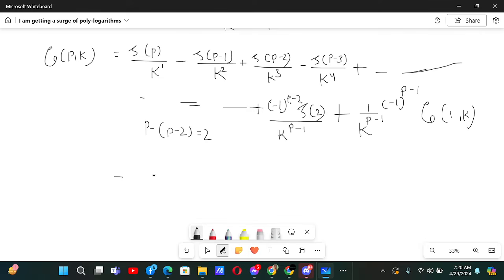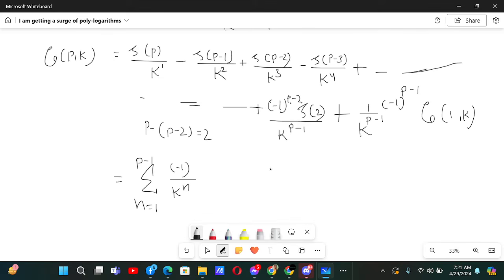We have sum from n equals 1 to p minus 1. And in the denominator we just have k to the power n itself, just k to the 1, 2, 3 up to p minus 1, and in the numerator we basically have minus 1.